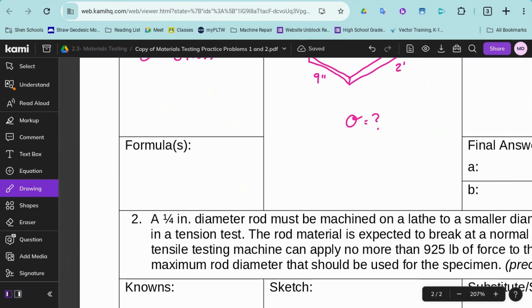As far as formulas, in order to find our area, we're going to need to use the area formula for a rectangle, which is just length times width. And to find the stress, we're going to use our stress formula of force divided by area.